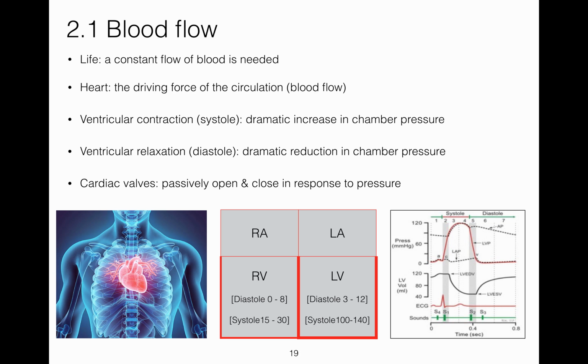Left ventricular pressure, for example, increases by about 100 millimeters of mercury in a fraction of a second within systole, and falls equally rapidly when the myocytes relax in diastole. The 4 heart valves open and close in response to pressure changes within the heart.